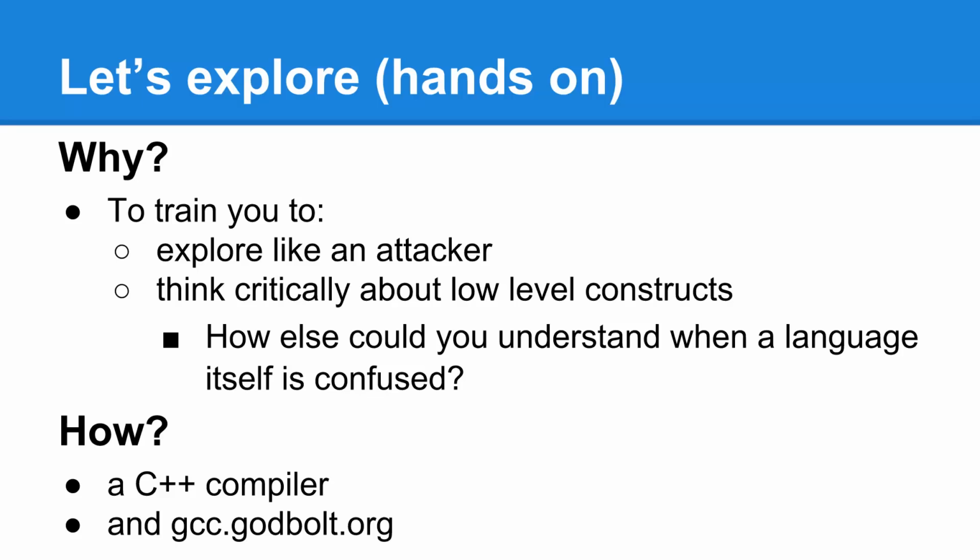And that is absolutely necessary. You have to have an extremely concrete and solid foundation for this stuff because you're trying to understand how to exploit the cases and how to protect against the cases when vulnerabilities arise, when the language itself is confused about dynamic polymorphic issues. The only two tools we will use are the C++ compiler and the wonderful resource at gcc.godbolt.org.